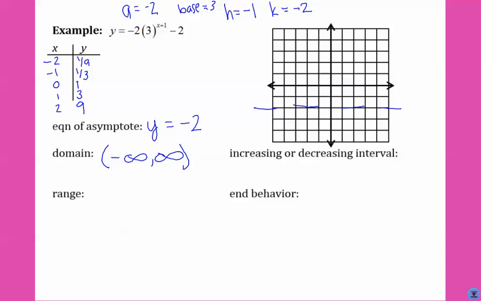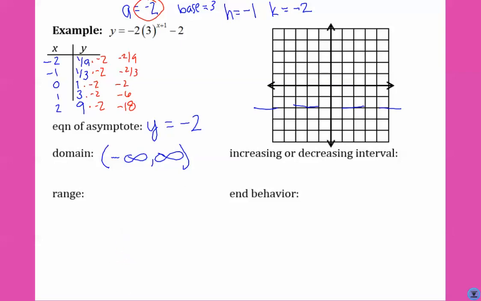Now, because of this a value of -2, just like all the other functions, we have to multiply that with our y's. So we get -2/9, -2/3, -2, -6, and -18.